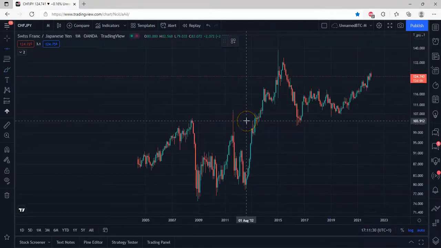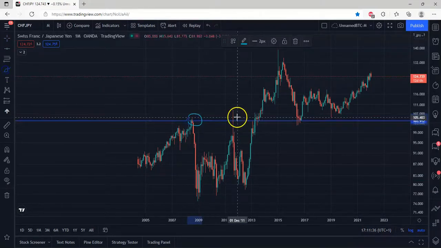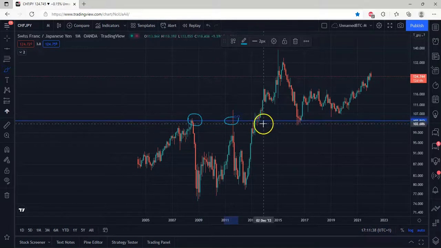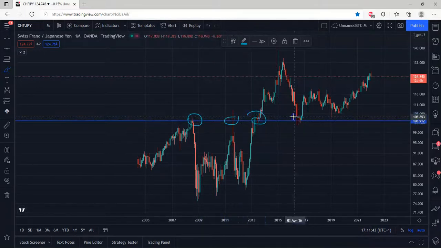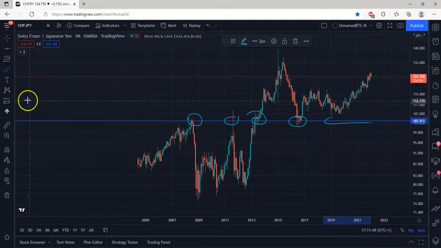And another example here, we have a bounce here, another bounce, price struggling here, bounce here again, almost. And that's how you spot support.